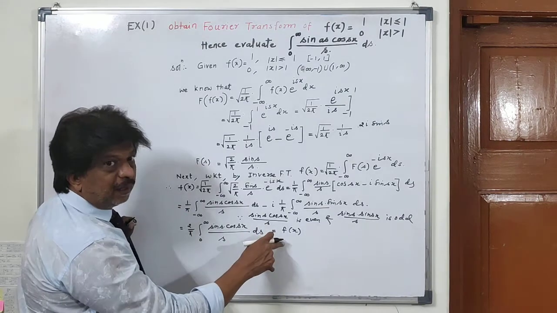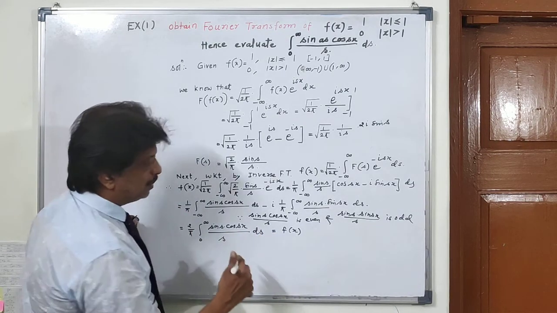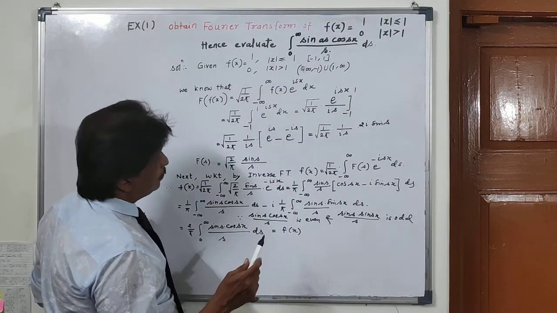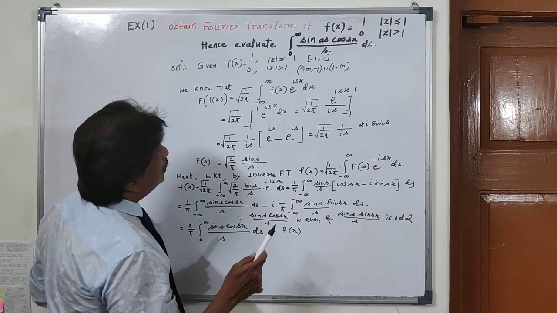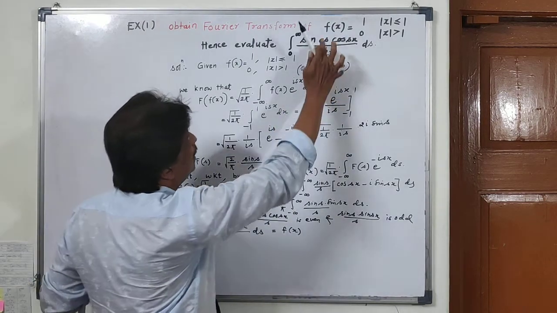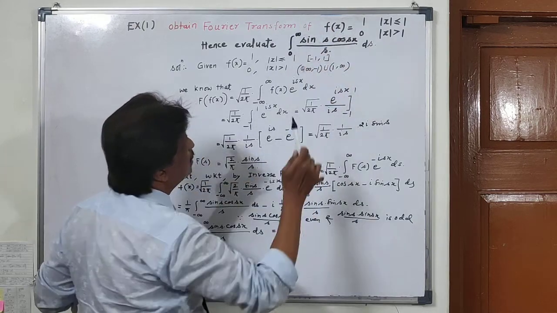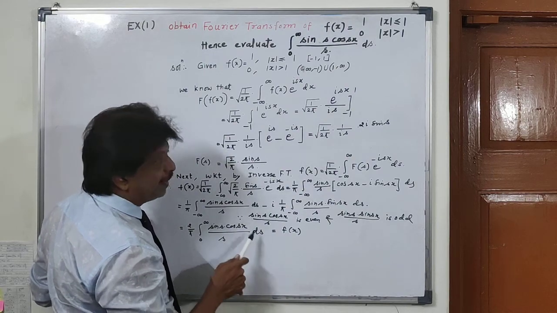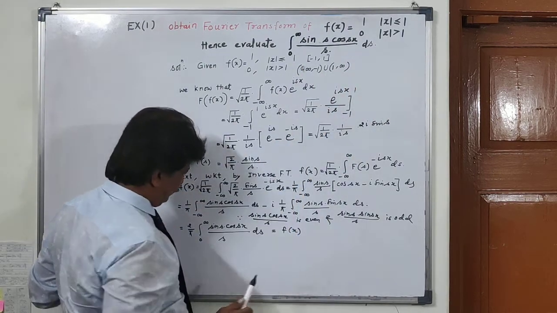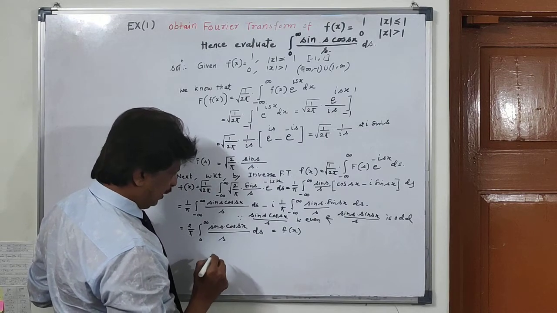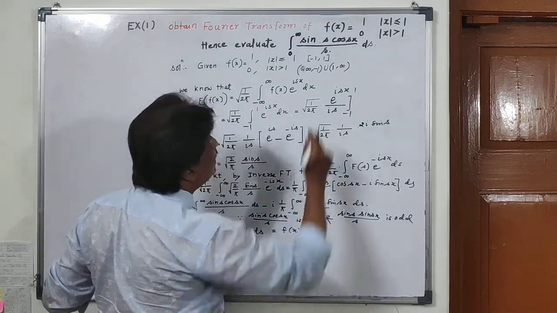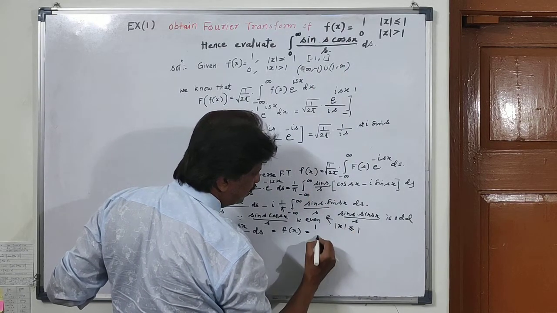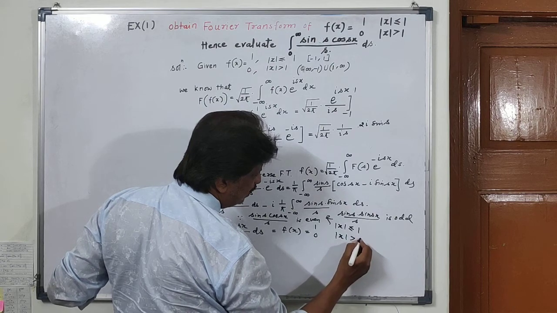Now what is फंक्शन f of x given to us? It is equal to, क्योंकि ये टर्म हमारी आ गई, साइन s cos sx अपॉन s ds, ये टर्म we have generated. So f of x कैसे डिफाइंड है? It is equal to 1 when mod of x is less than or equal to 1, it is 0 when mod of x is greater than 1.